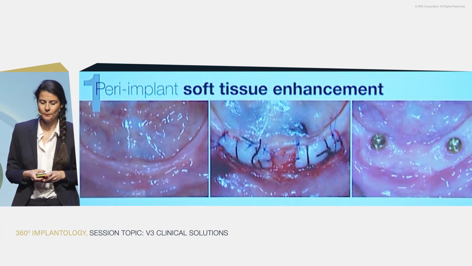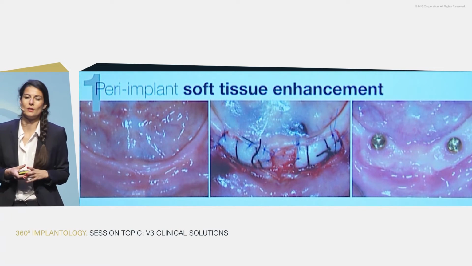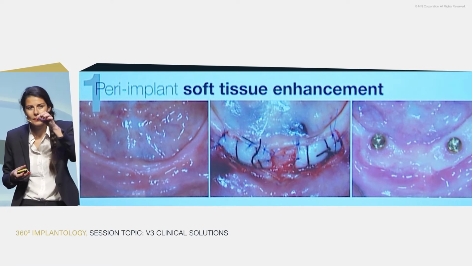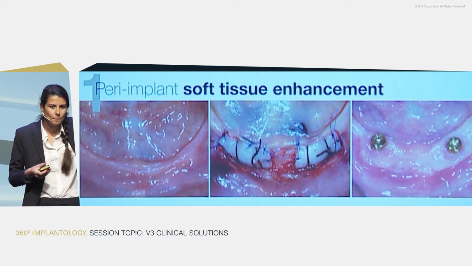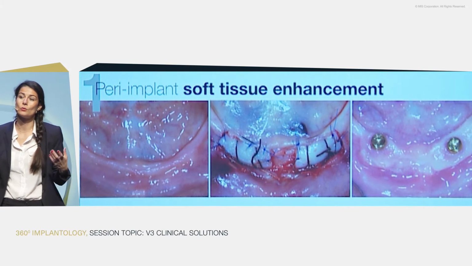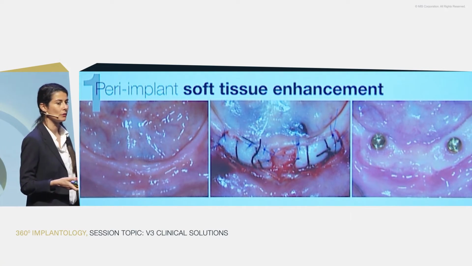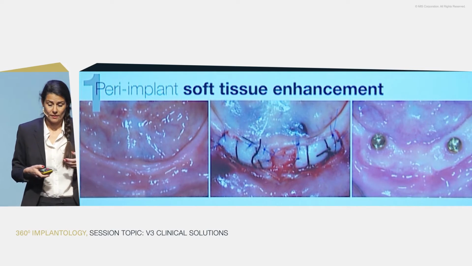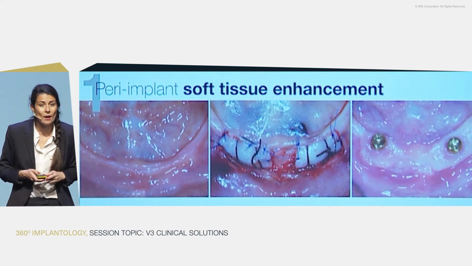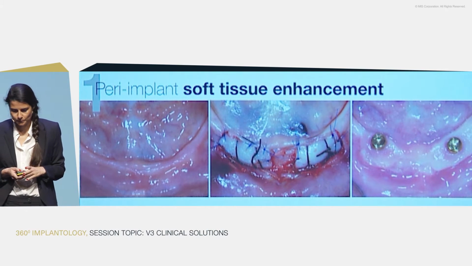So definitely, even for the posterior region, I do recommend, when you just have a thin quantity of keratinized tissue, to augment it prior to your surgery. This can be really easily done with an epithelial connective tissue graft, like here, but this can also be done in the posterior.